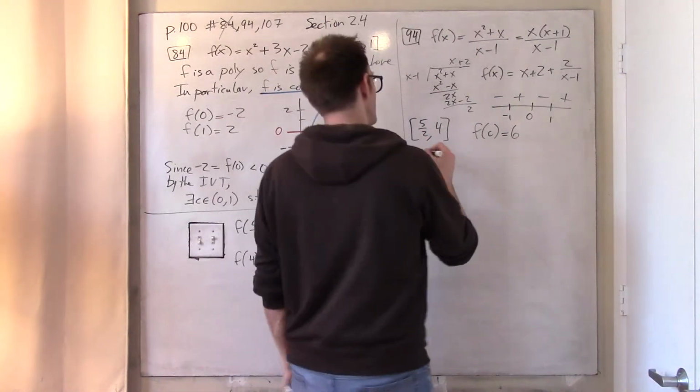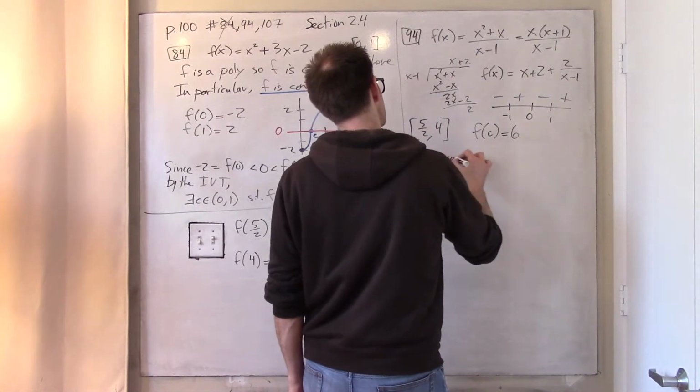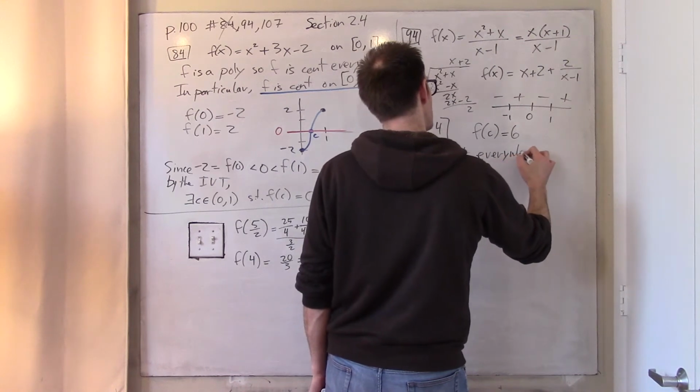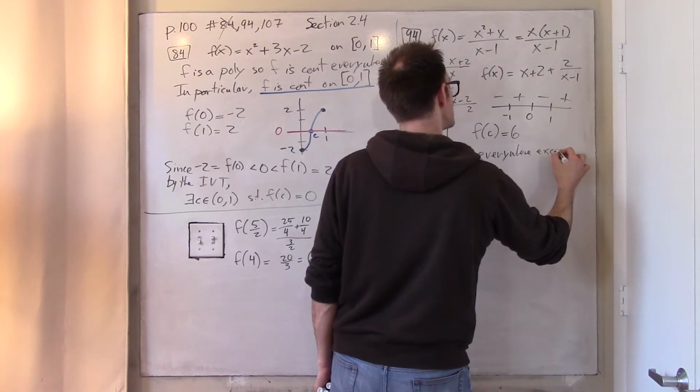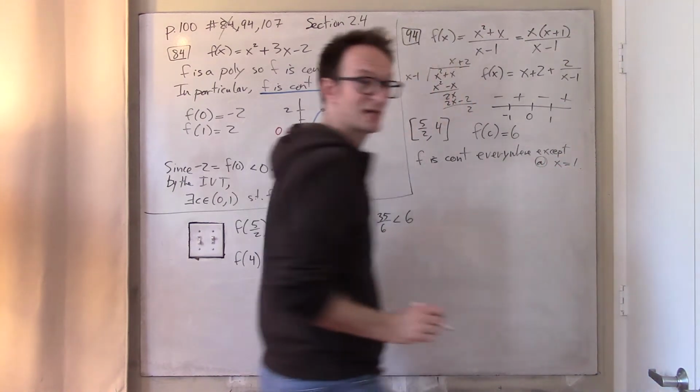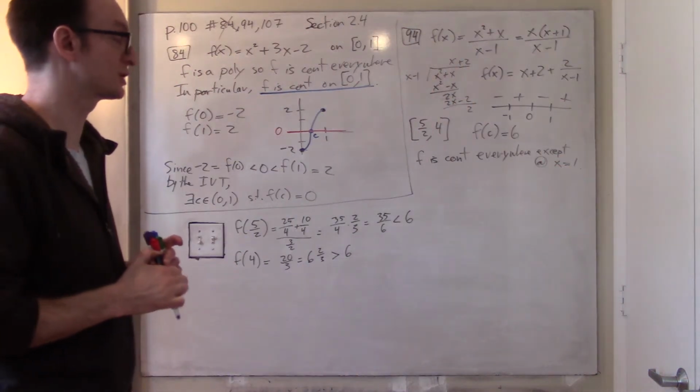I'll even write that down. f is continuous everywhere except at x equals 1. That's just a theorem about rational functions.